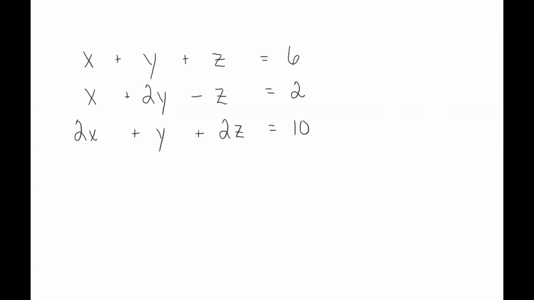Okay, so we're still thinking elimination. And here's essentially what we're going to do. We're going to start with our 3 equations and 3 variables. We're going to get rid of a variable and we're going to move this down to 2 equations and 2 variables.